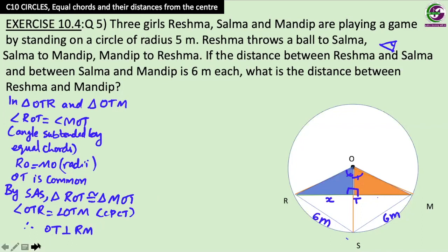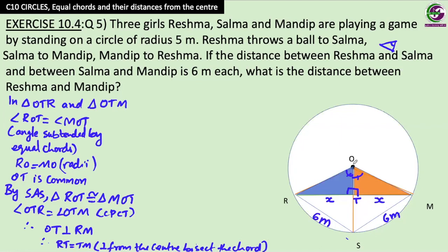And we have studied that perpendiculars from the center bisect the chord. Therefore, RT is equal to TM. The reason is perpendiculars from the center bisect the chord. So if this is X, this is also X.